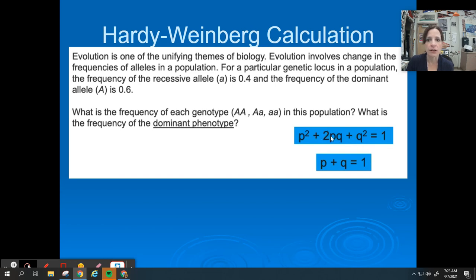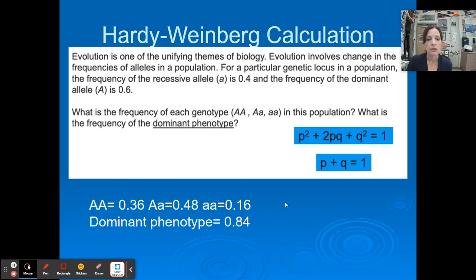And then for our homozygous recessive, we're going to take q squared, which would be 0.4 squared. And all of those have to equal 1 because that's all of the genotypes in the population. So if you do the math, you should get this.